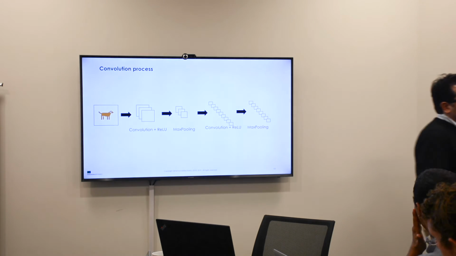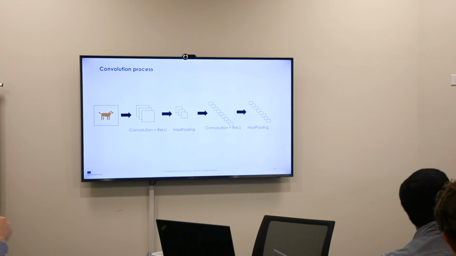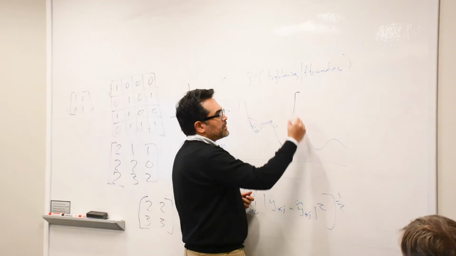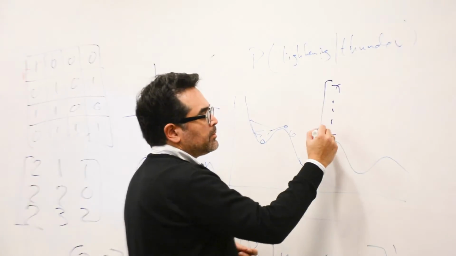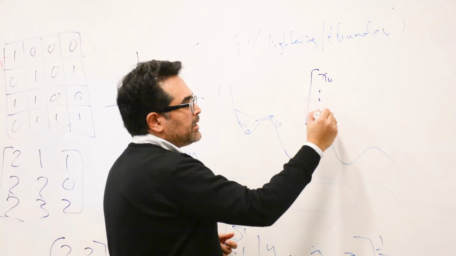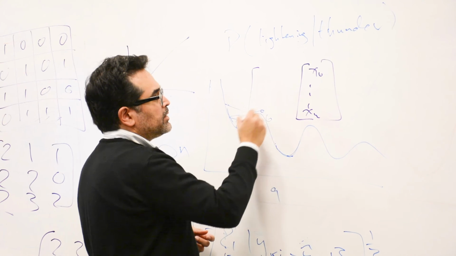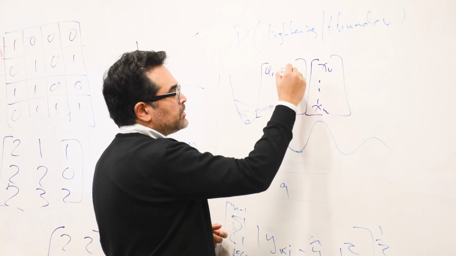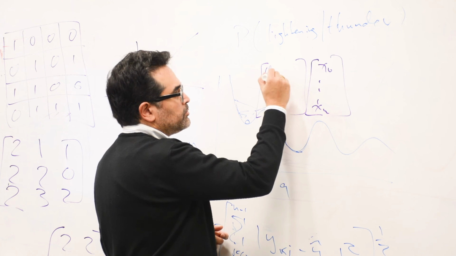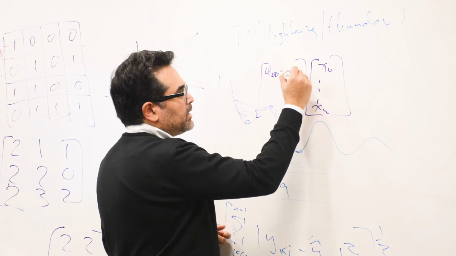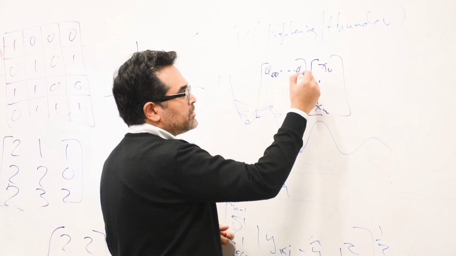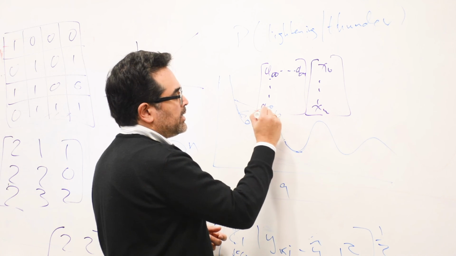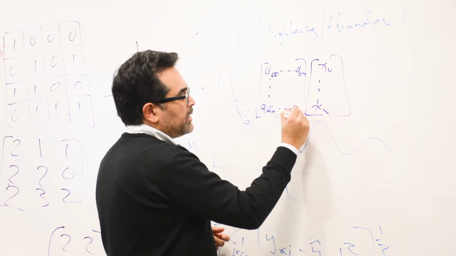All neural networks are ultimately vector operations. So you have your input x0 to xn, and you have a matrix which goes a00 to a0n, and whatever, it can go am0 to amn.